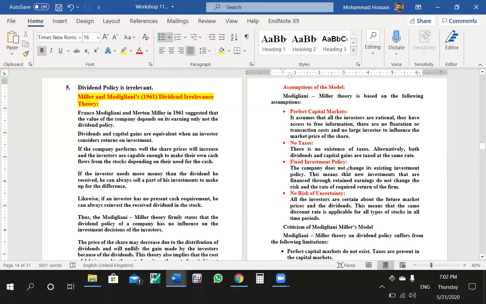And fixed investment policies: the company does not change its existing investment policy. If the company's investment policy changes, that also has not been considered. And no risk of uncertainty, so in his model he does not consider that there are some risks involved.